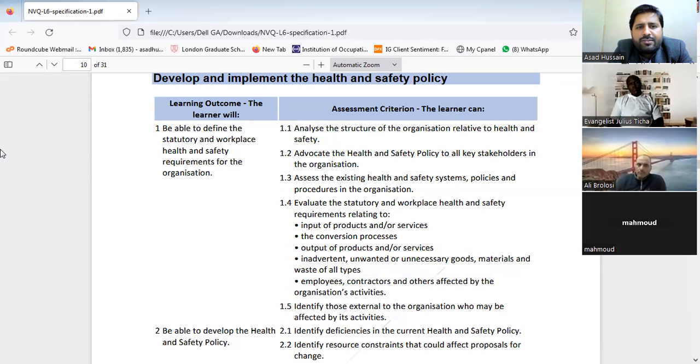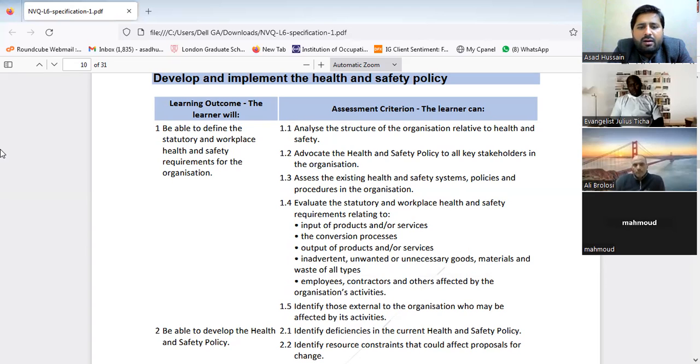So we have to see what the requirements of the workplace are, or what legal requirements we have in our organization, and we have to be able to define that.